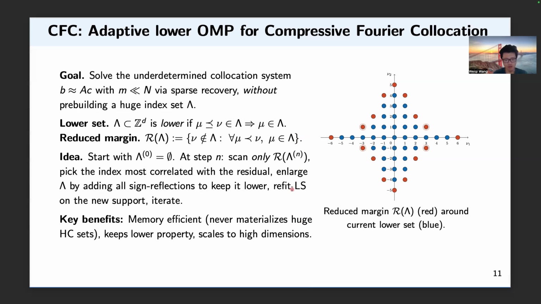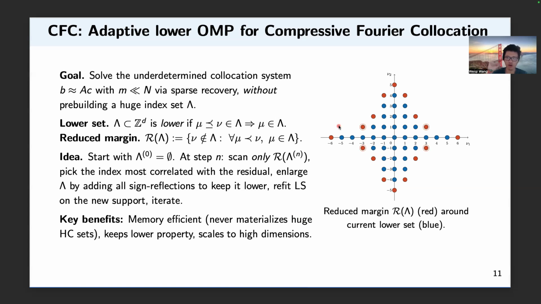Okay, so there are several benefits for this method. First, we never solve the linear problem in a huge hyperbolic set. We only touch the edge instead of the entire set. It's also stable because it is closed under the lower structure, so it usually will not miss any important frequency.